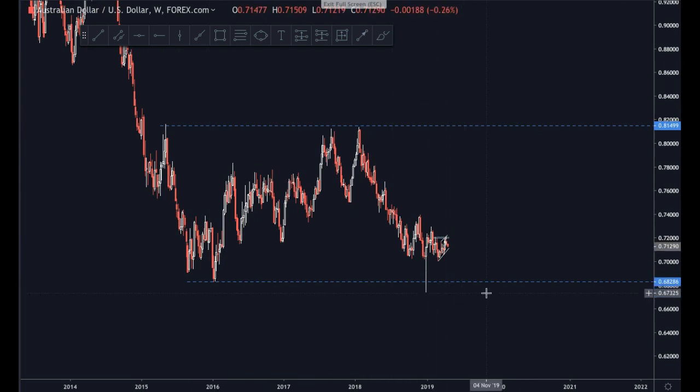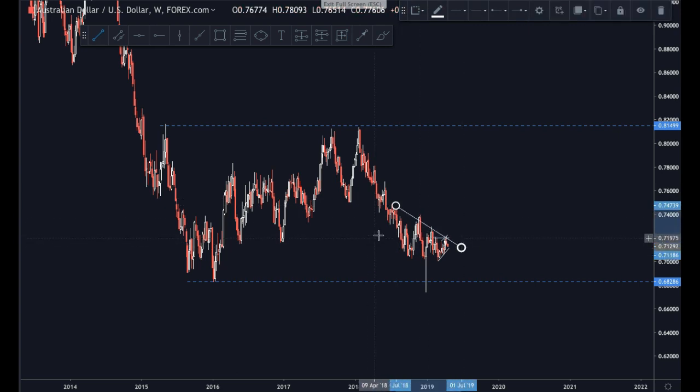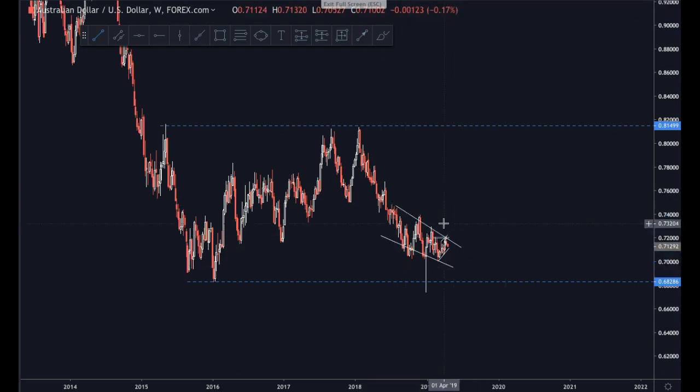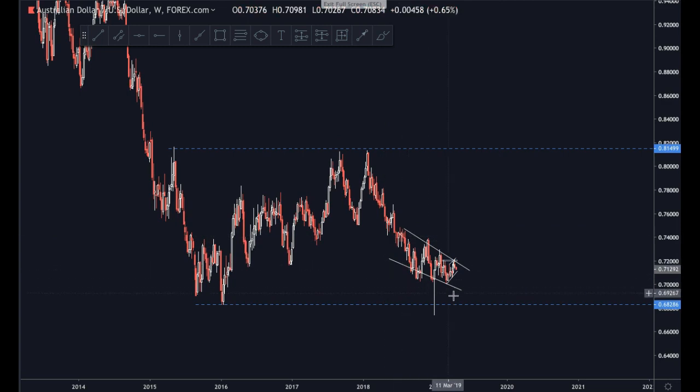Potential large range structure, and this is corrective in nature anyway, as we are squeezing down into these lower levels.